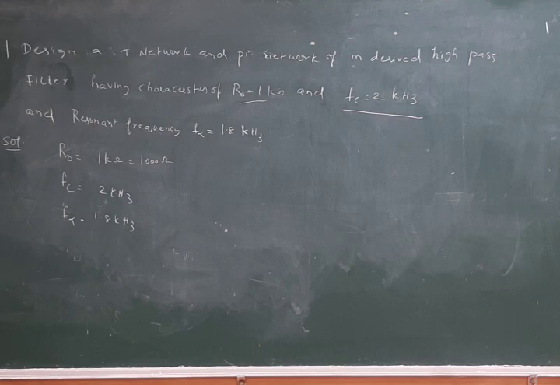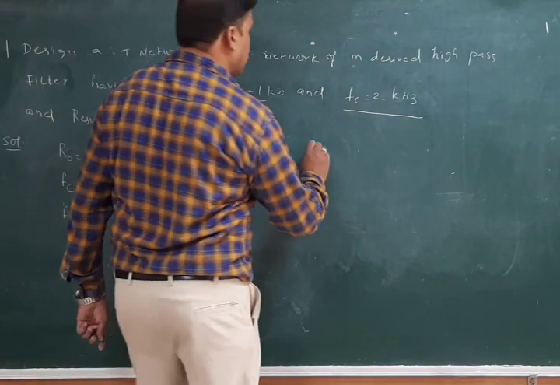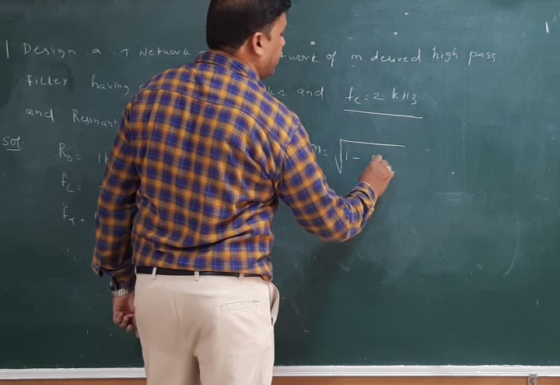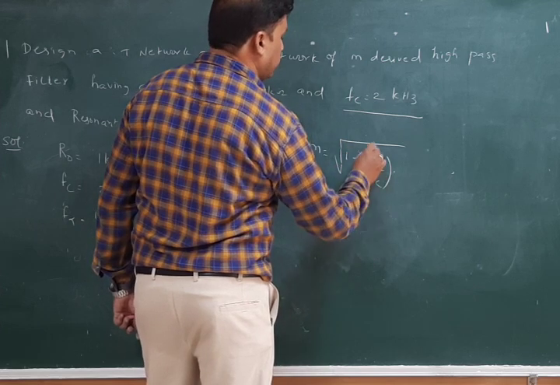After taking this given data, for the high pass filter, m is equal to the square root of 1 minus F infinity by Fc whole square.